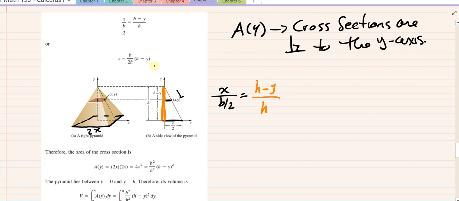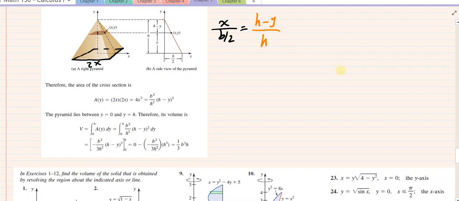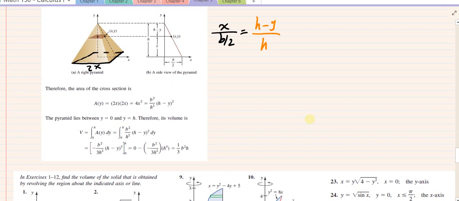Once we have x stated as a function of y, and that's what we want because cross sections are perpendicular to the y-axis, then we can set up the integral. The limits of integration go from 0 to h because you start at the base here.